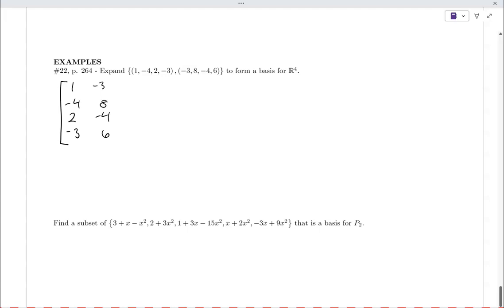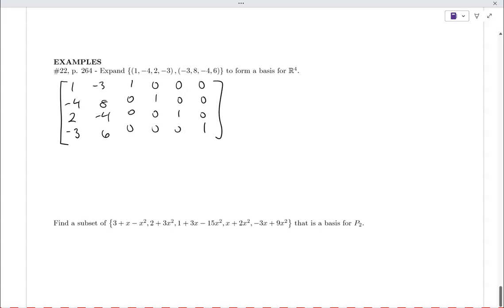What set of vectors in R4 do you know for a fact will span R4? Yeah, 1 0 0 0, 0 1 0 0, 0 0 1 0, 0 0 0 1. So we're going to add those vectors in here. I've guaranteed that I've made a spanning set here. Okay.